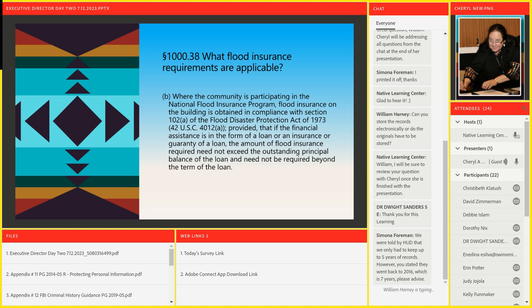For financial assistance in the form of a loan or insurance or guarantee of a loan, the amount of flood insurance required need not exceed the outstanding principal balance of that loan and need not be required beyond the term of the loan.